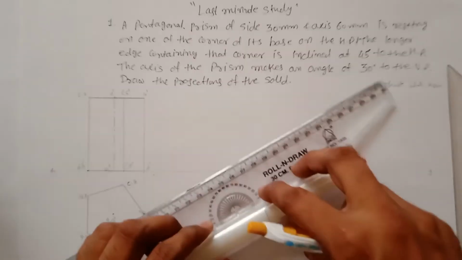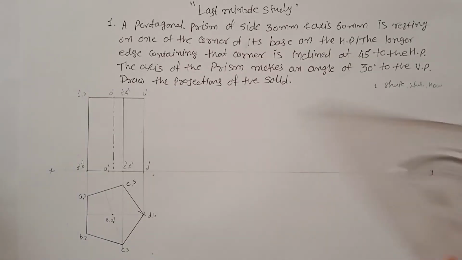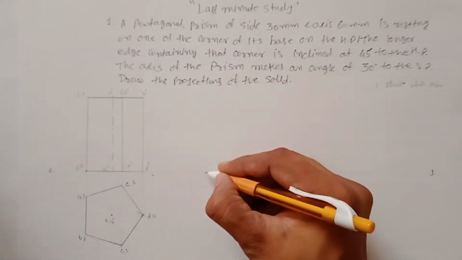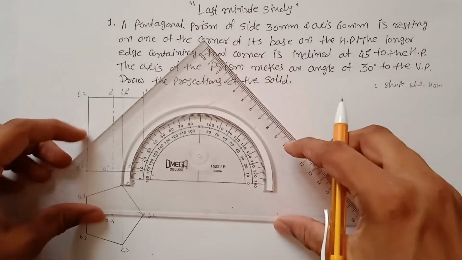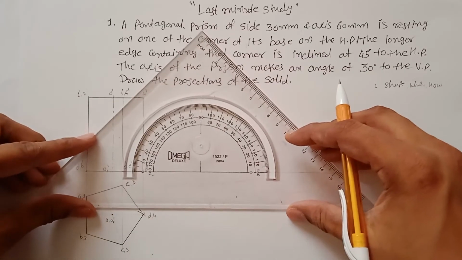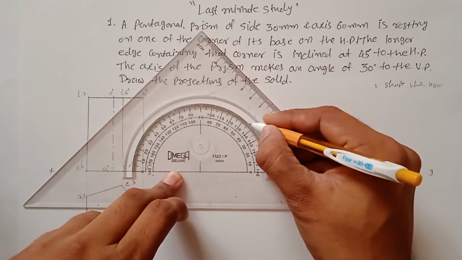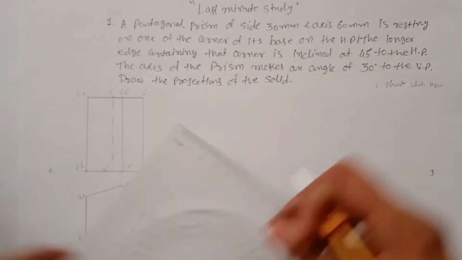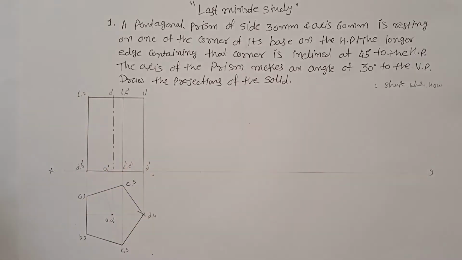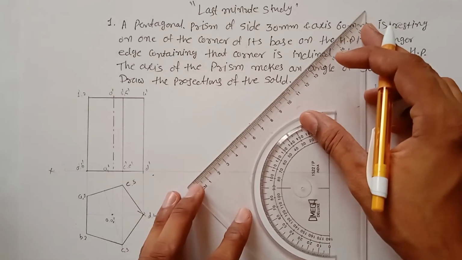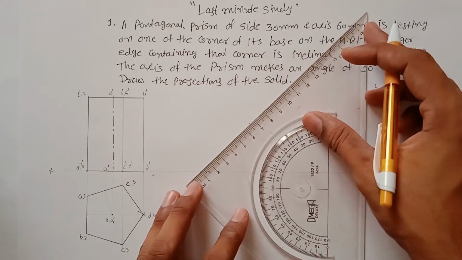Draw a line at an angle of 45 degrees from anywhere like this, and the length of this line is 60 mm. So draw a line of 60 mm length.